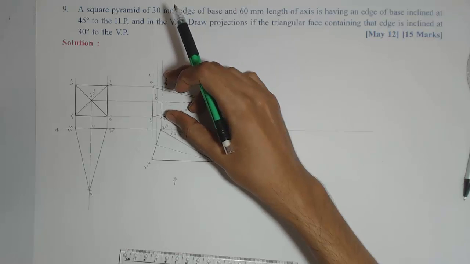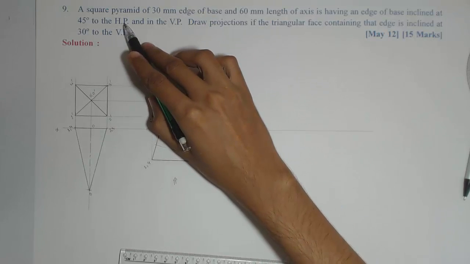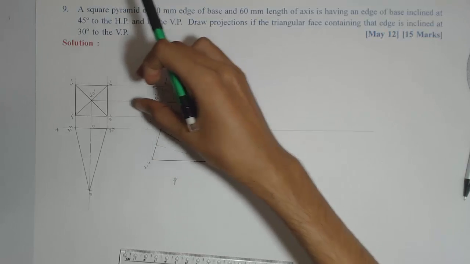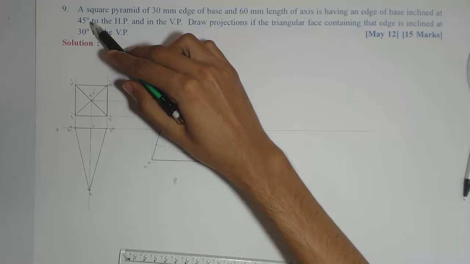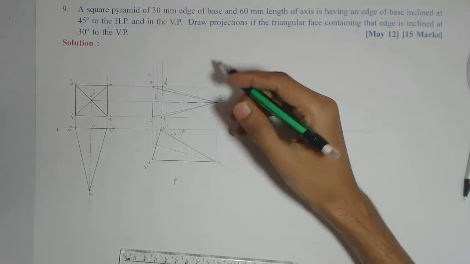I need to make this edge 2 dash 3 dash 45 degrees inclined to the HP. Since the true length is the same as in the first stage, this inclination is the true inclination with the HP, so I can directly mark this true length on the true inclination.